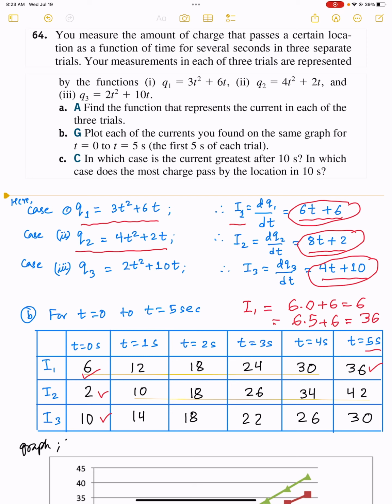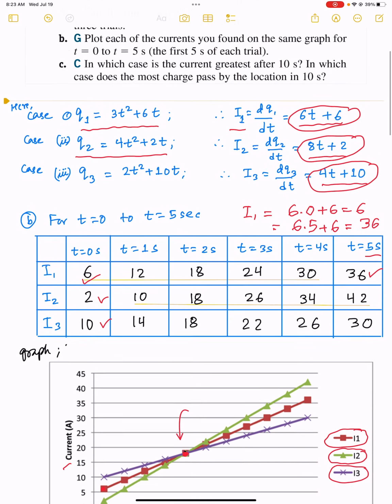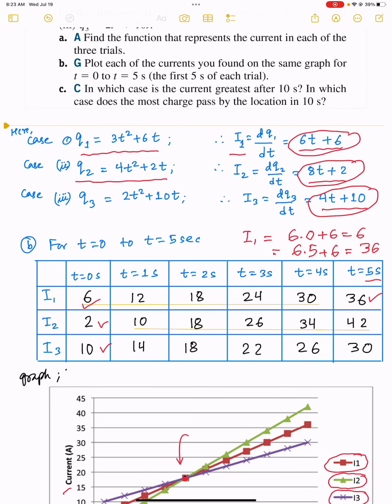For part C, you have to find in which case the current is greatest after 10 seconds, and in which case the most charge passes by the location in 10 seconds. The current is greatest if the coefficient of t is greater.